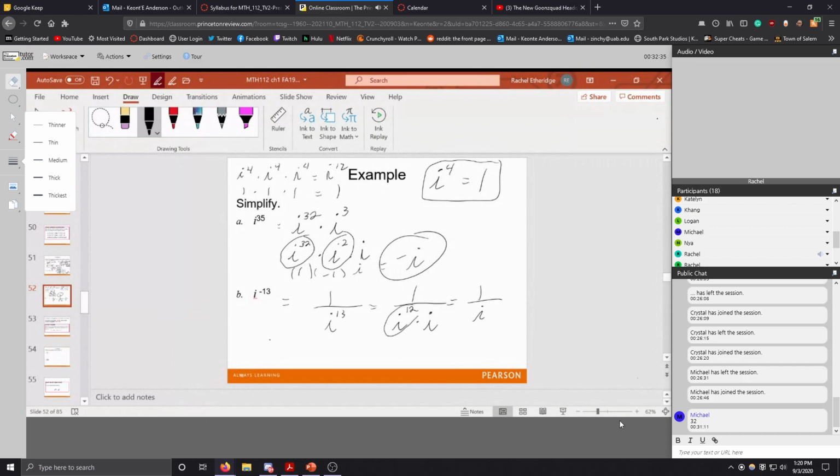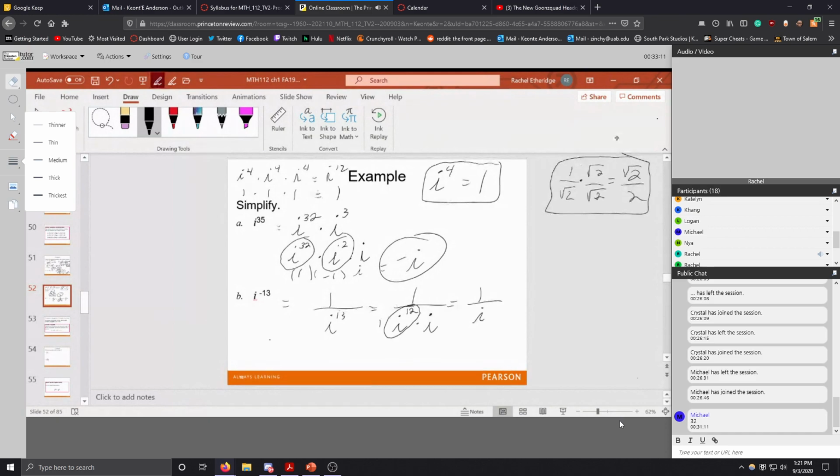Anything that's a power of 4, i to that power is going to be 1. So 1 over i. Now, if you remember back where we didn't want to have a radical in the denominator and we learned how to rationalize the denominator, we multiplied by that same denominator in the numerator and the denominator. So we got the square root of 2 over 2. Hopefully you remember rationalizing, just doing a little review there.